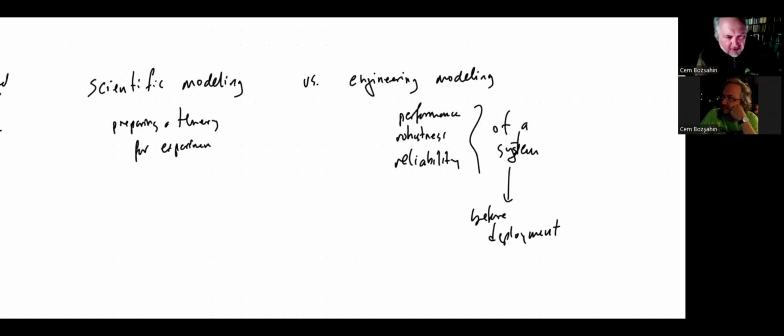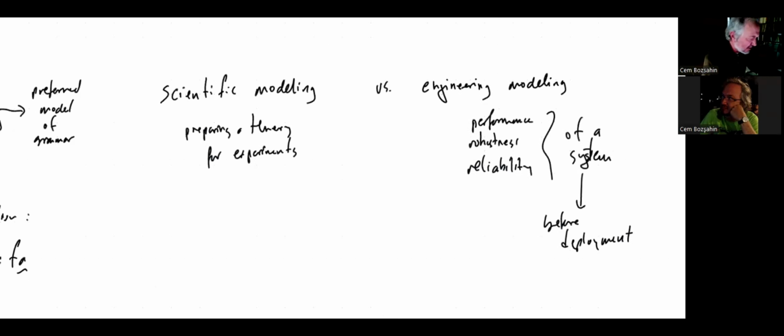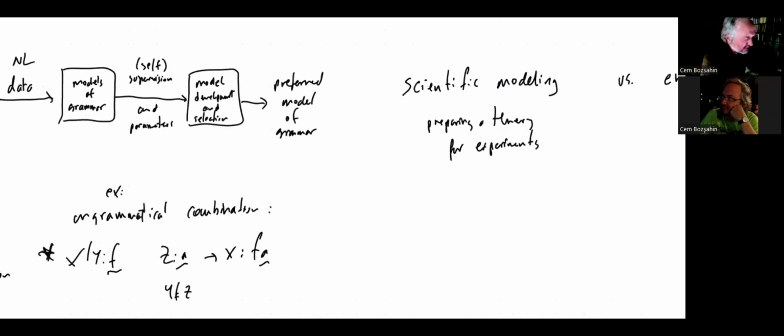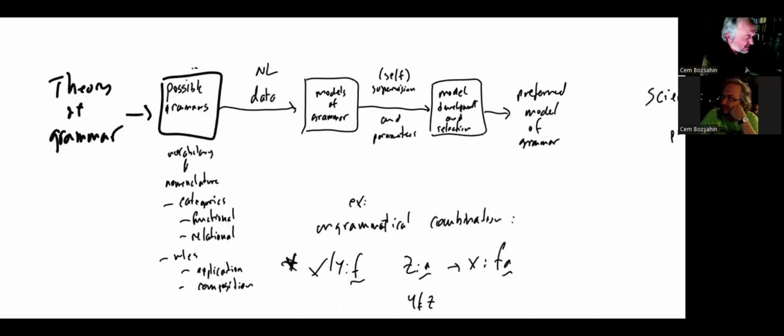In a scientific modeling process, you're preparing a theory for experiments. In other words, you want to make sure your theory of grammar, in our particular case, gives you all and only the kind of models that are inferable from theory.